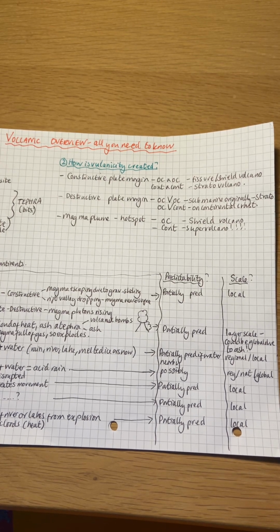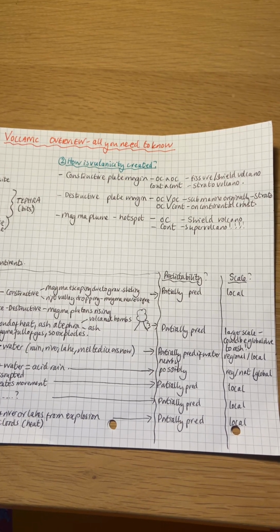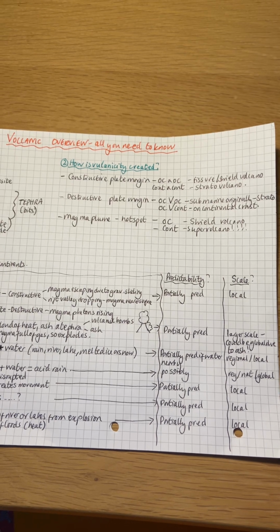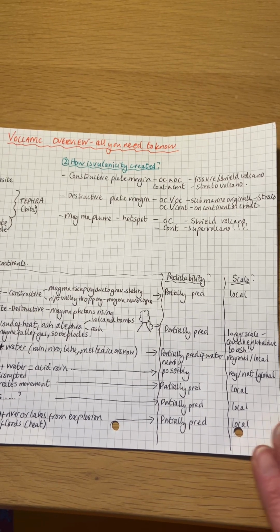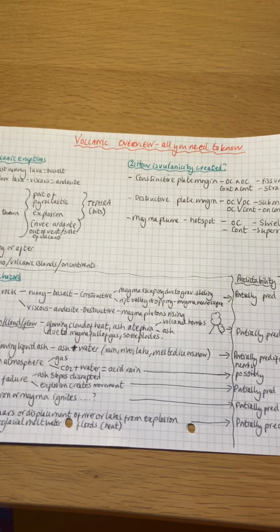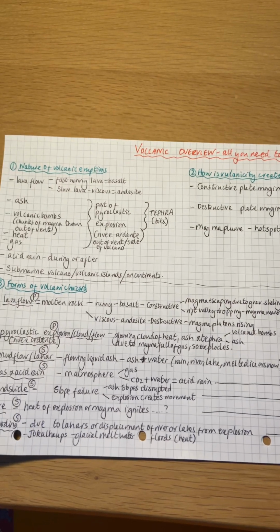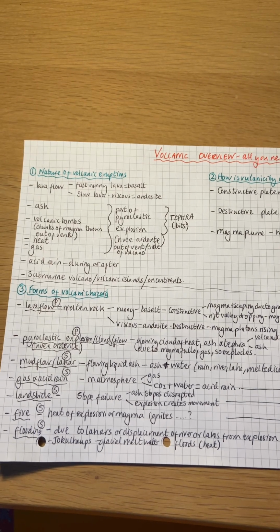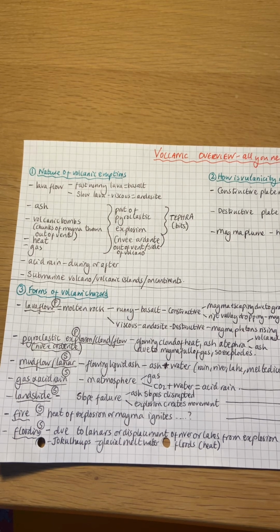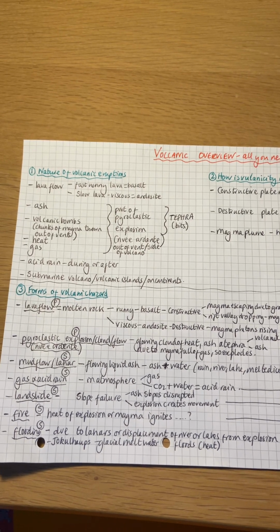So predictability, it's partially predictable. More on that in a minute. Scale would be local, though, for lava flow. So second hazard is your pyroclastic explosion, or sometimes called pyroclastic cloud or flow.